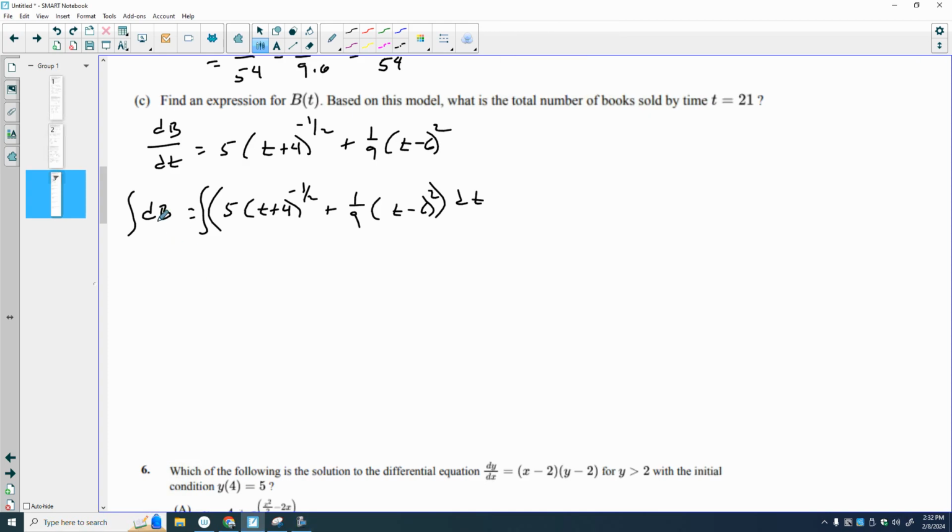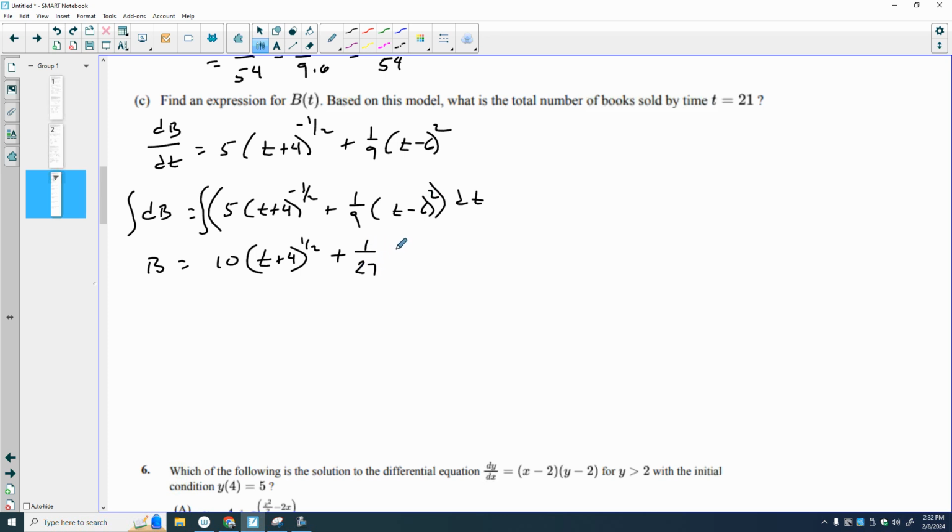All right. So integral of dB is b. Add 1 to the exponent. Divide the old coefficient by the new exponent. Multiply or look at my inside function's derivative. There's nothing there, so we're good. Same logic over here. Add 1 to the exponent and divide the old coefficient by the new exponent.